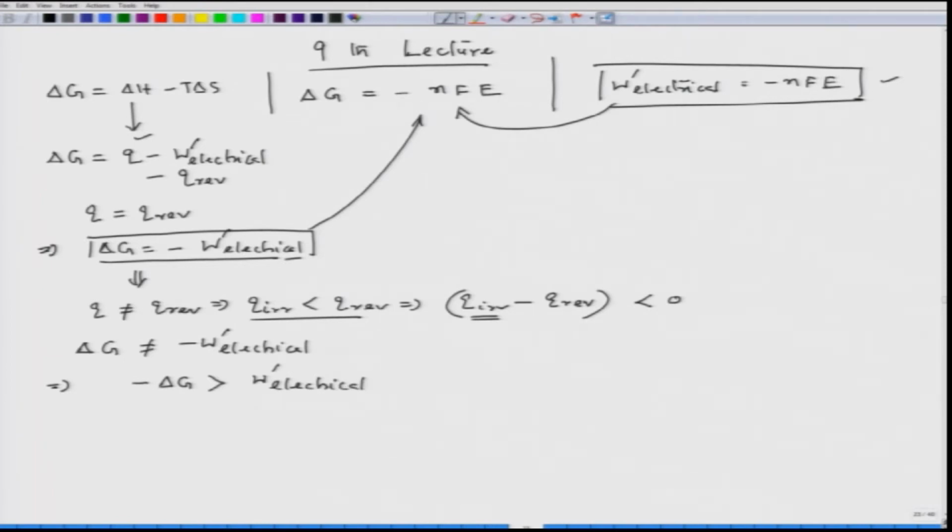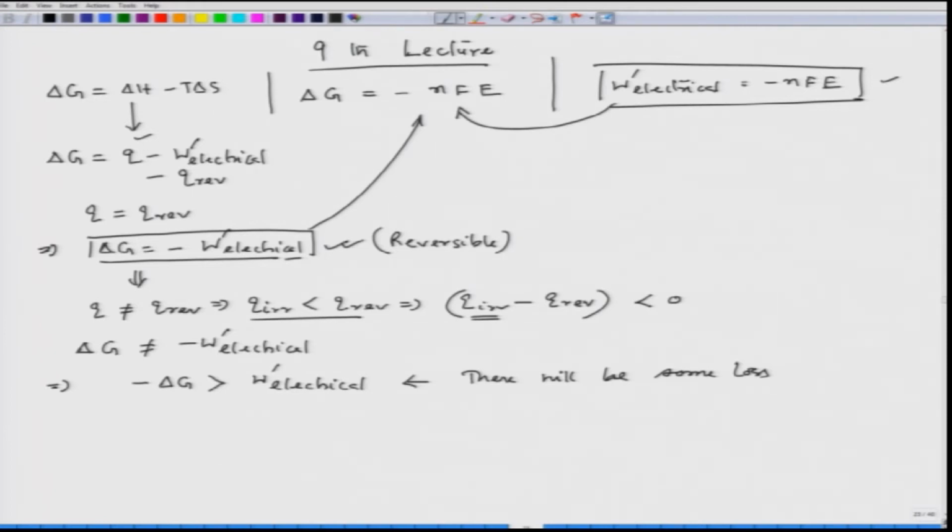What it means is that the amount of free energy that is available for doing work will not be able to produce the same amount of work that we have noticed in the reversible case. So, in this case there will be some loss. So, the entire free energy change will not be available for doing electrical work.